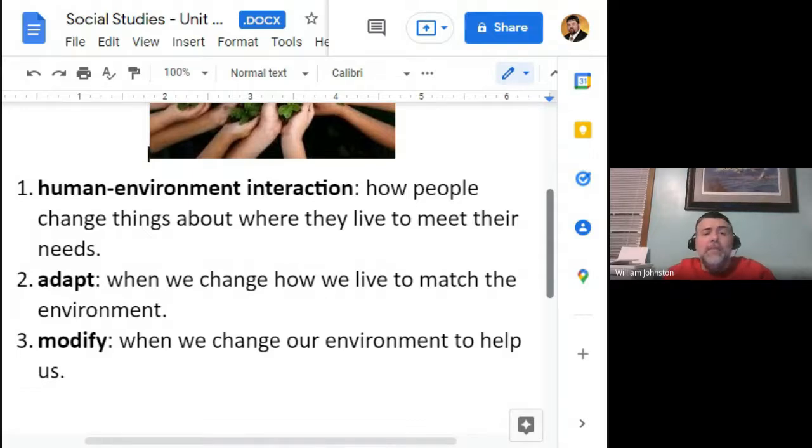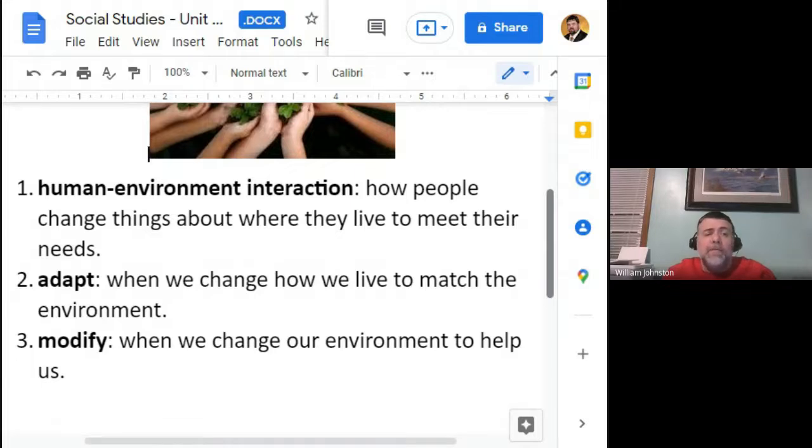Now, your assignment for today, I want to tell you about that before we get into reading the lesson. What you want to do is take a sheet of paper and copy down these three words and three definitions. For each word, you're going to draw a picture that goes along with it, showing your understanding of the word.